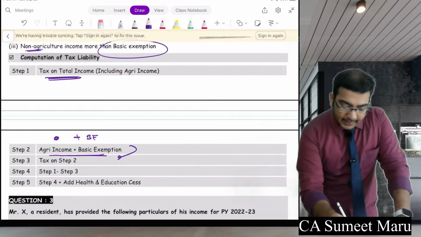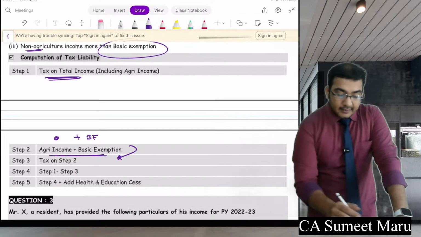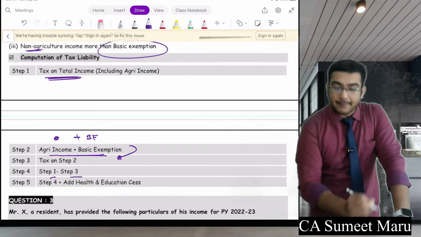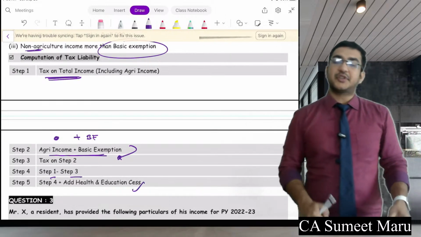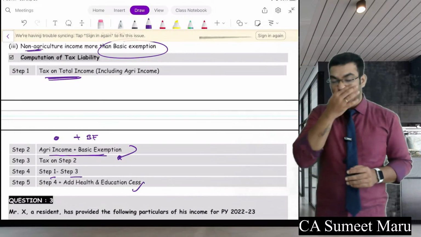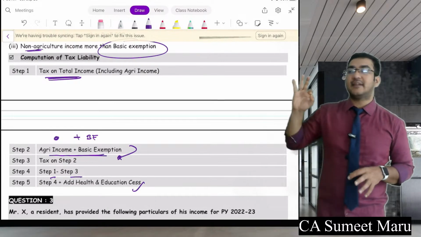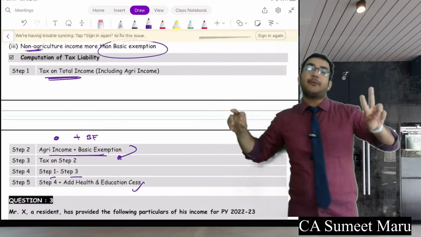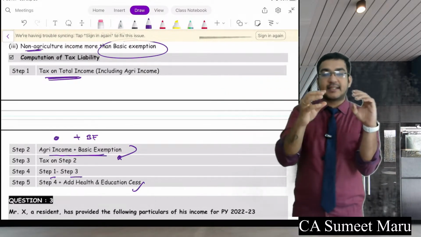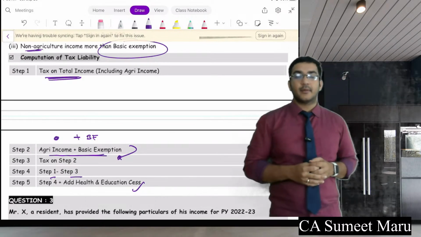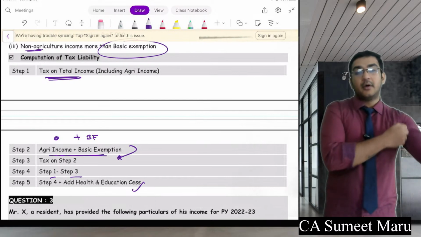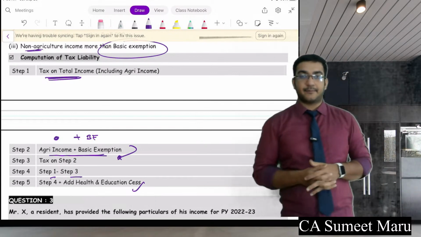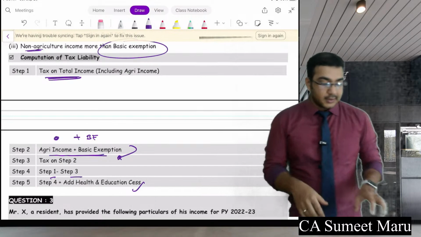Calculate tax on this in step 3. Then do step 1 minus step 3, and add the health and education cess of 4%. Your final tax will be there. Once again: first, tax on total income; step 2, agriculture income plus basic exemption; tax on the same; step 1 minus step 3; and then add your health and education cess. Everyone clear? Just go through the steps.